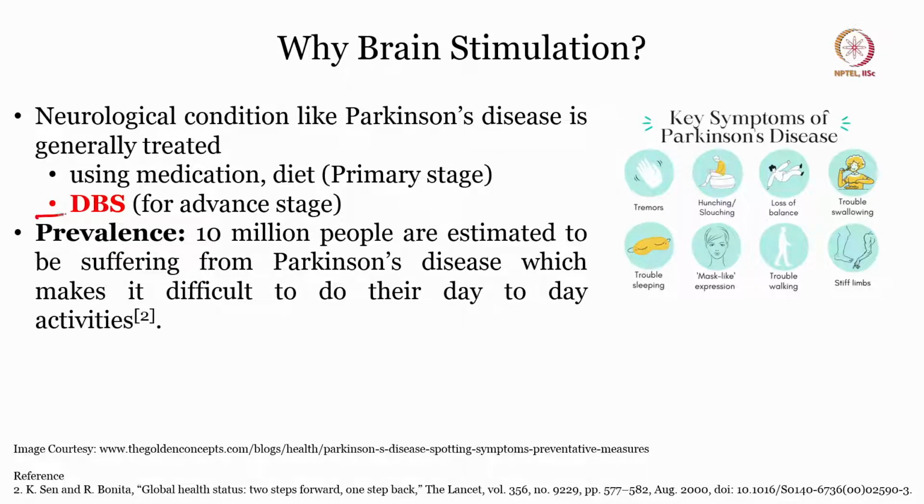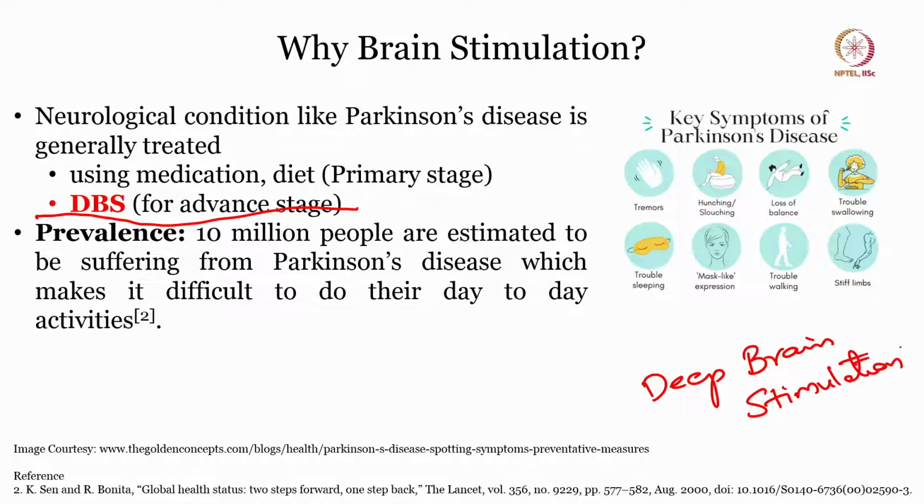And this is important, DBS stands for deep brain stimulation. If somebody does not respond to the medication, then the other therapy available is deep brain stimulation, meaning you open up and put the required devices at that particular location.